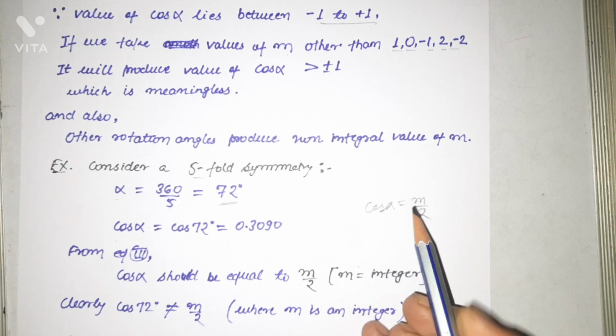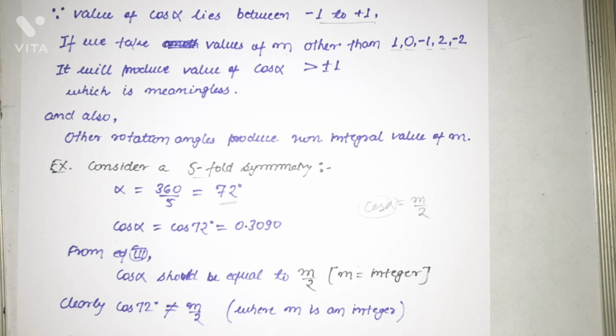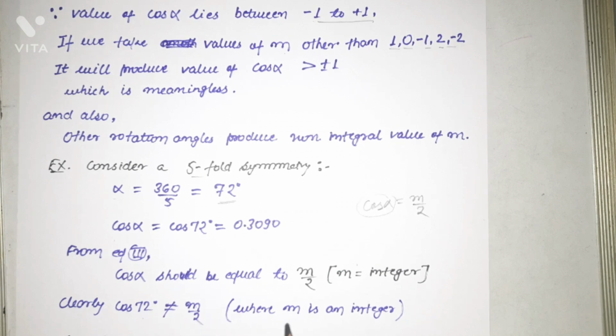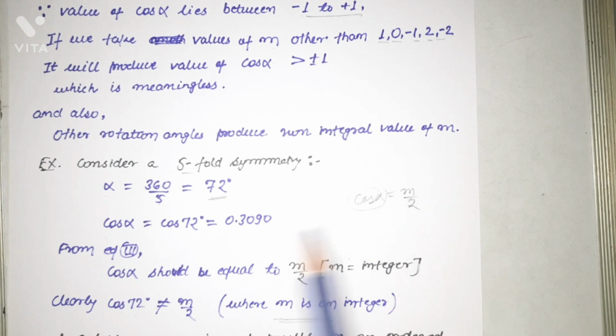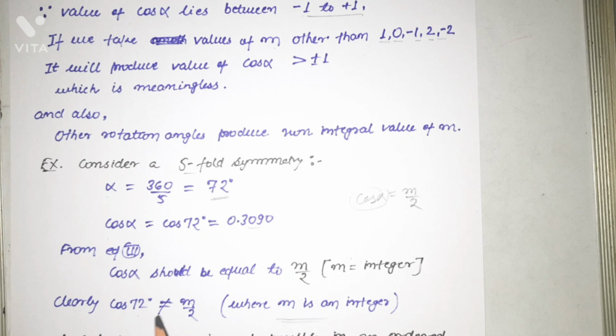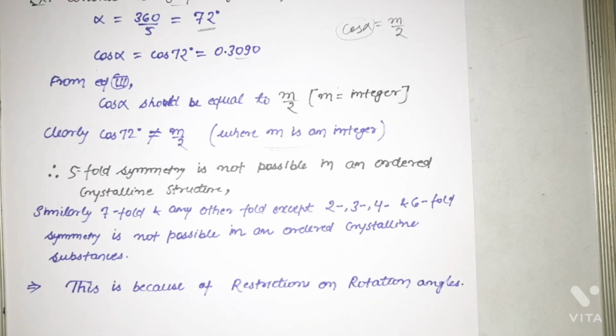Clearly, cos 72 degrees is not equal to m by 2, where m is an integer. There is no integer whose half gives us 0.3090. Therefore, a five-fold axis of symmetry is not possible in an ordered crystalline structure.